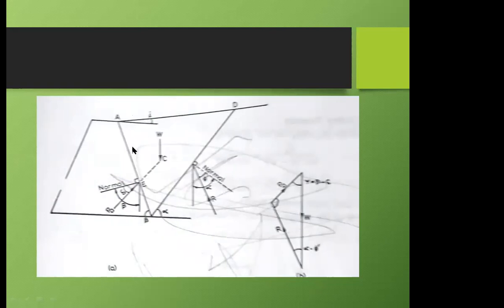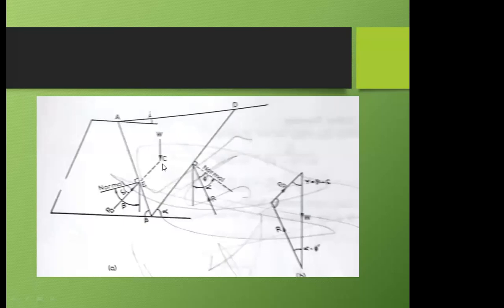Here you can see the force triangle, and with the help of this force triangle, the derivation of Coulomb's wedge theory is explained.